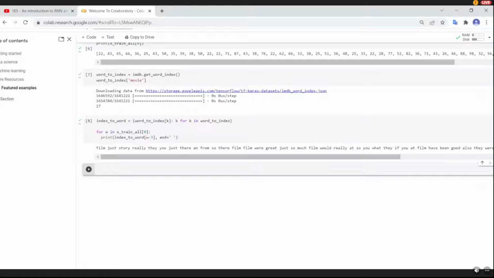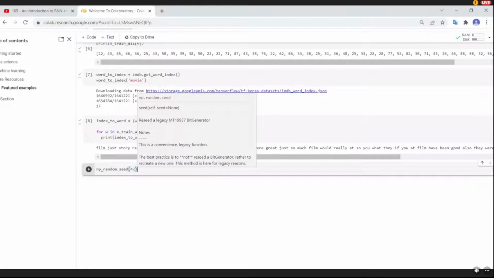And then let's see. Now we're gonna split into training set, validation set, and testing set. np.random.seed.